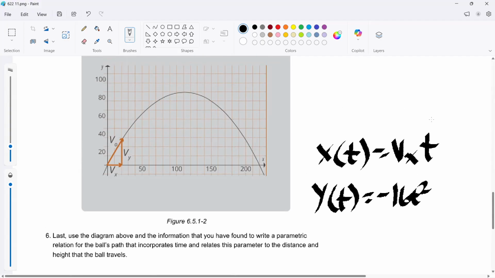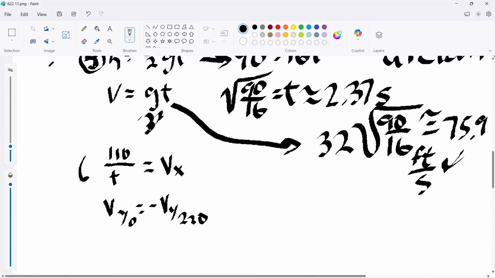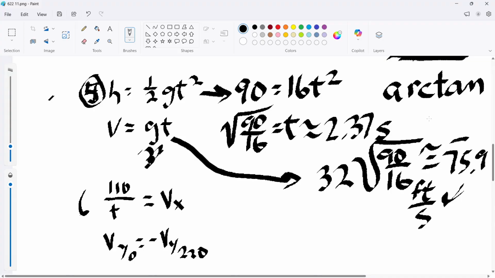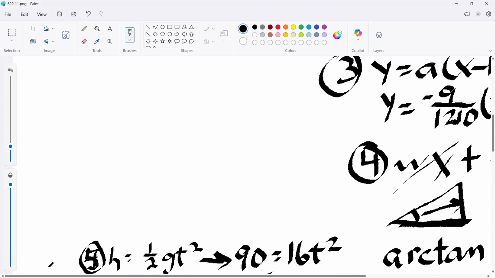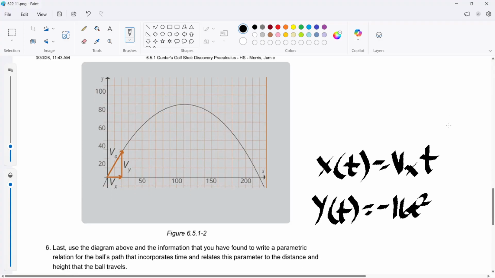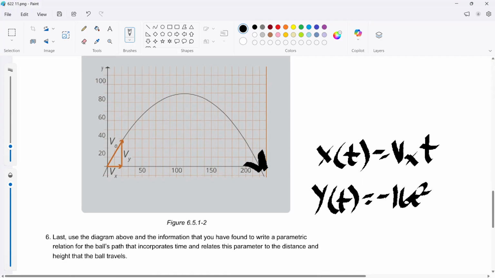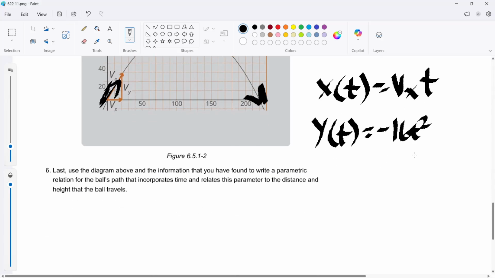And then plus the initial velocity. Well, the 75.9 I found is the velocity when it goes back to the ground. But that velocity is going to be the same as the velocity when it takes off, not counting friction, but in the opposite direction.